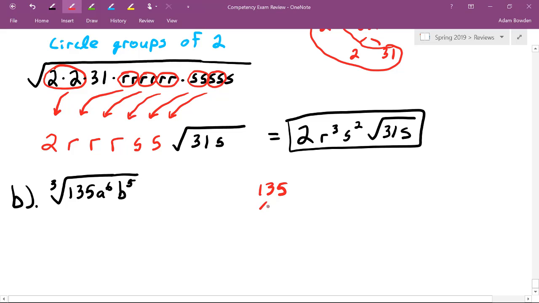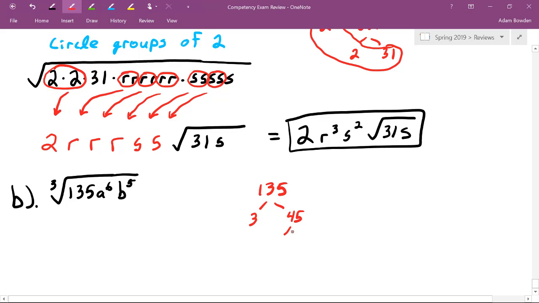We'll start off dividing by 2. Does 2 divide into 135? Well, in this case, 2 doesn't divide into 135. So we're going to have to go up to the next number, 3, and see if it'll divide. And indeed, 3 will divide 45 times.